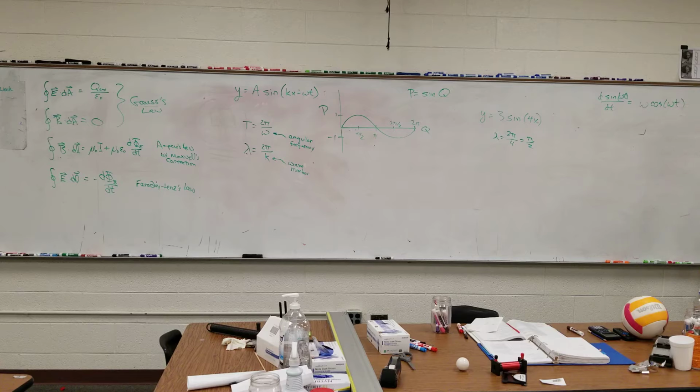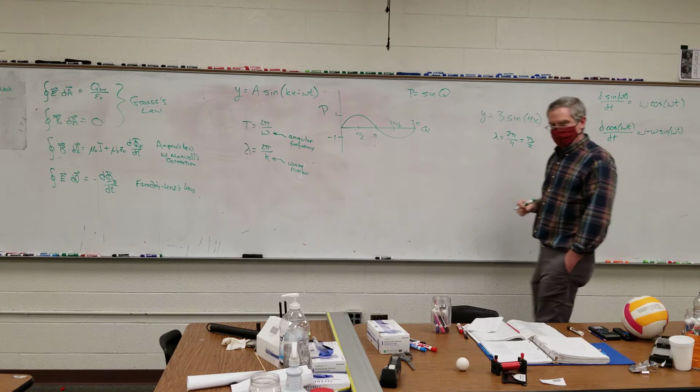So omega cosine omega t. And d cosine omega t dt: is that a negative sign? Well, yeah, negative omega sine omega t. All right, we're cooking.